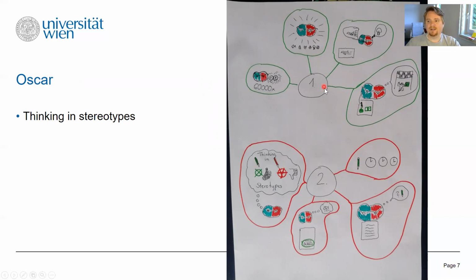I interpret this one, okay, on the top you have the advantages of visualization, and on the bottom you have the disadvantages, among others, that it needs time, drawing needs time, and so on. And I think also here how to bring complexity into visual elements, which is a matter of training as well, but also a matter of communication. And here you said, yeah, thinking in stereotypes is actually a disadvantage.